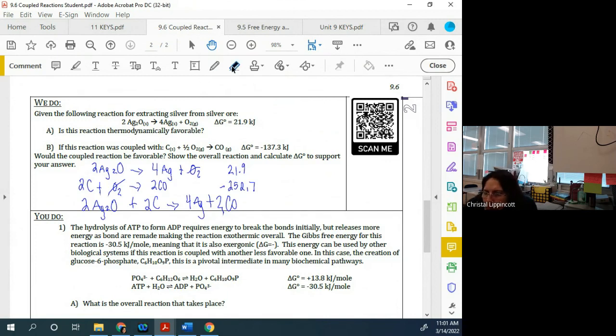Hold on. I wrote the answer down. Got ahead of myself. This was negative 274.6. And then your overall delta G would end up being a negative 252.7 kilojoules. Favorable or not? Yes. In the coupled form, it's going to be favorable.